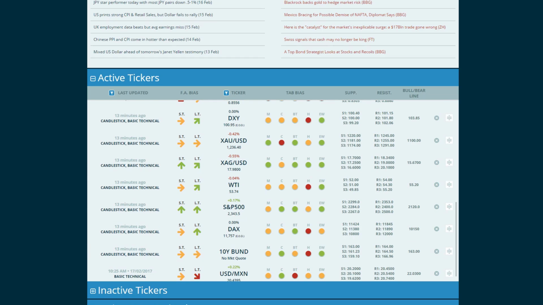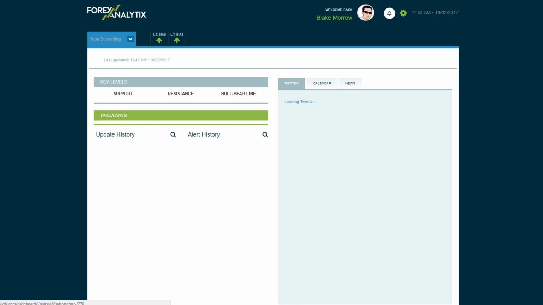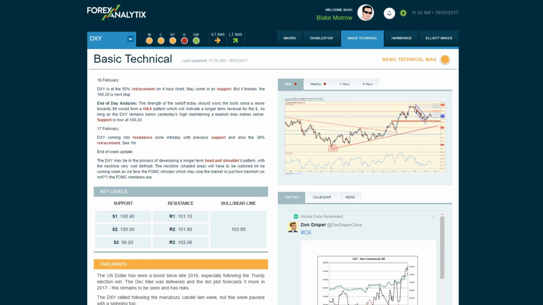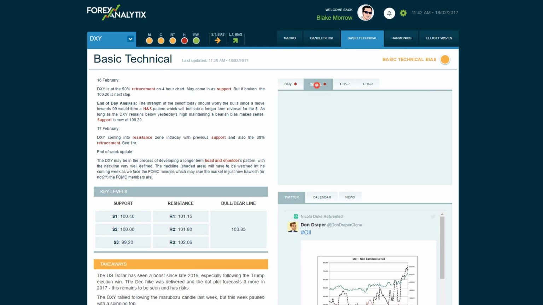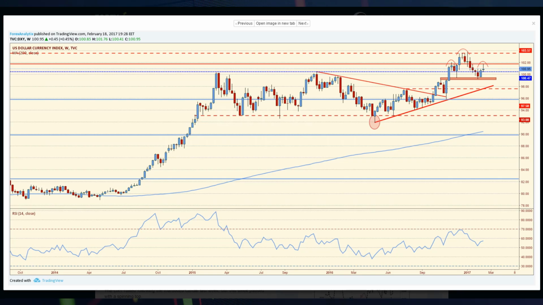And if you look at the dollar index, I'm going to take you over to the weekly chart first and foremost. On the weekly chart, you'll notice that we have this head and shoulders pattern setting up. Now, it's a setup. It's not even close to triggering because we're not near the neckline. You can see the neckline right here in the highlighted area.